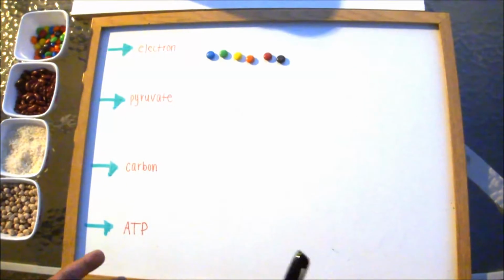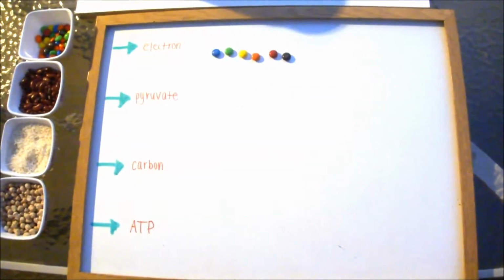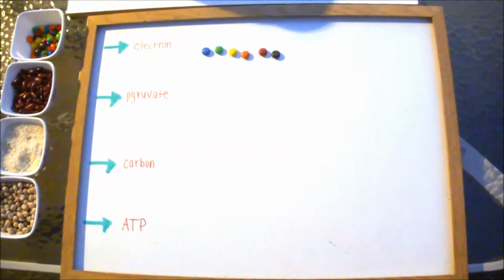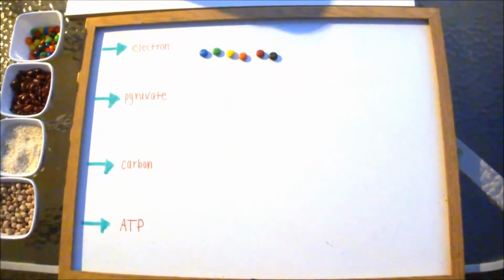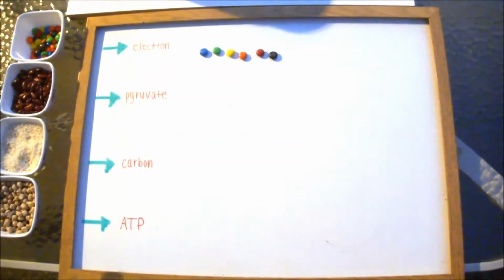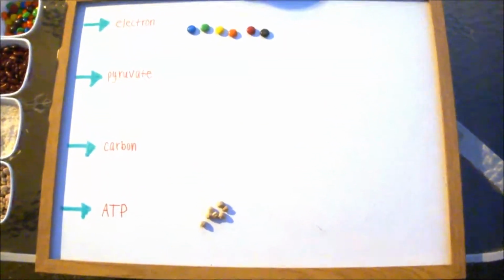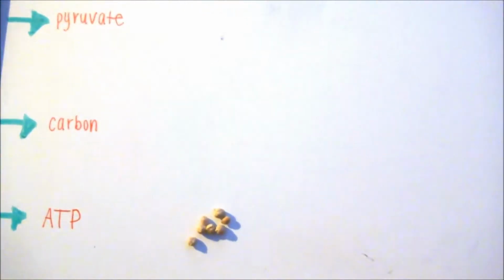After the electrons pass through the electron transport system, they meet ATP synthase, and this enzyme converts these electrons into ATPs, hence energy. So lots and lots of ATP is formed from the electron transport system.